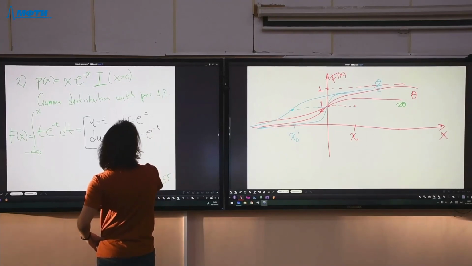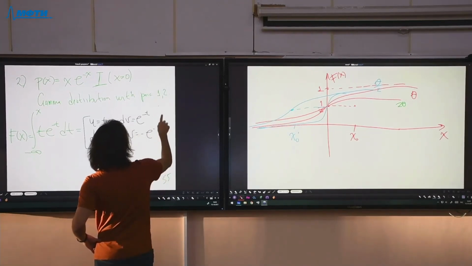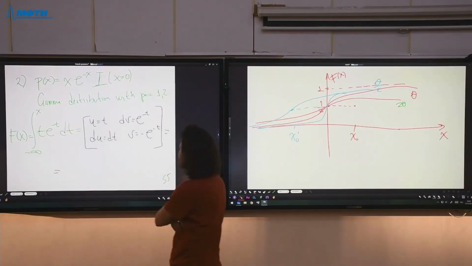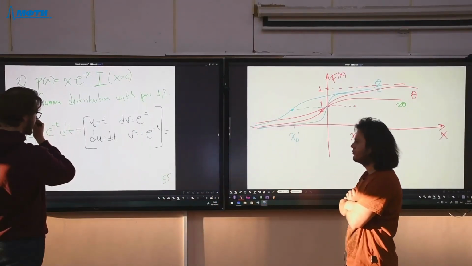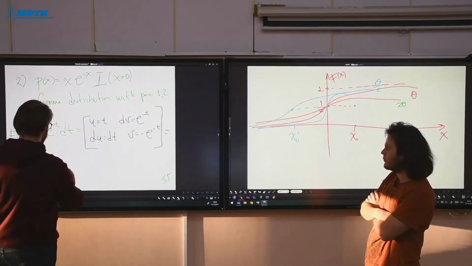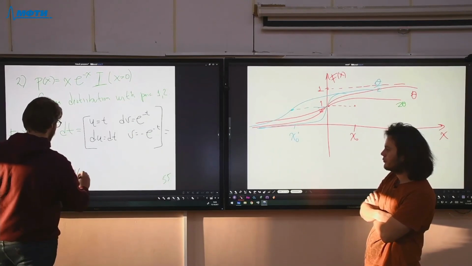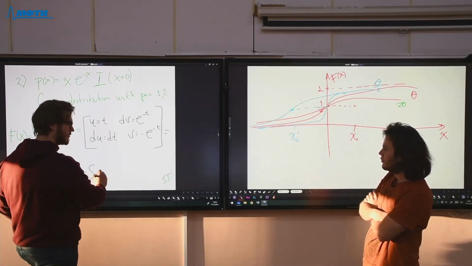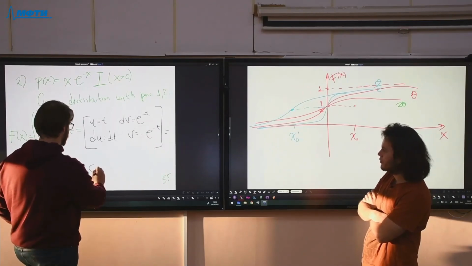Then we have u times v minus the integral of v du.